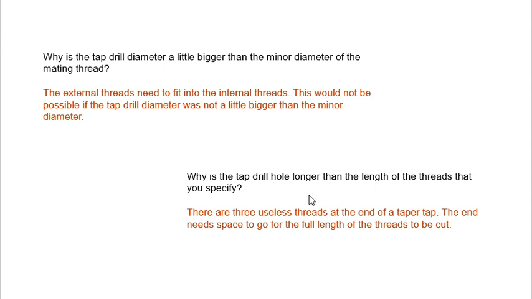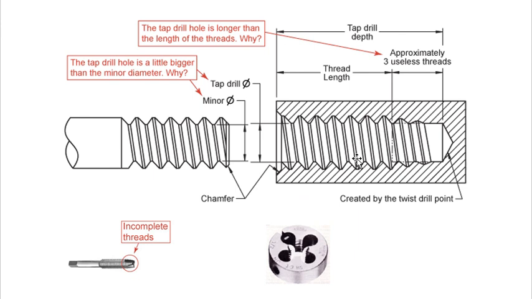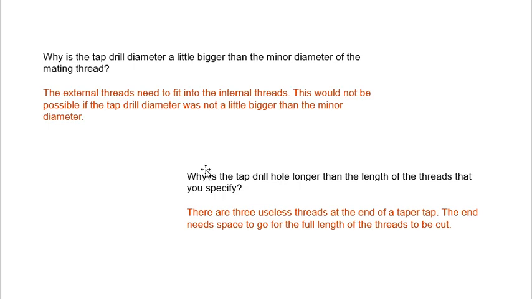Another one is your tap drill hole is longer than the thread, and not the exact length. I'll go back to this diagram. See, there's some space down there. That's because you just need space, okay? Space to go for the full length.